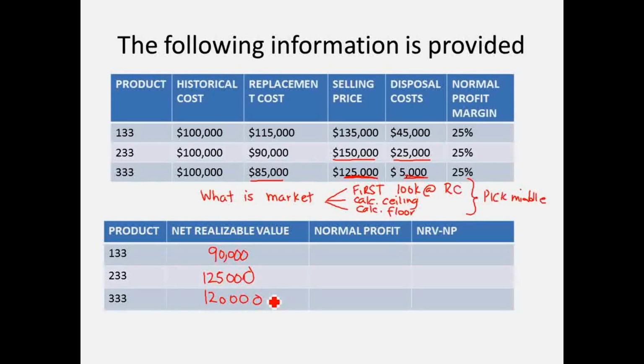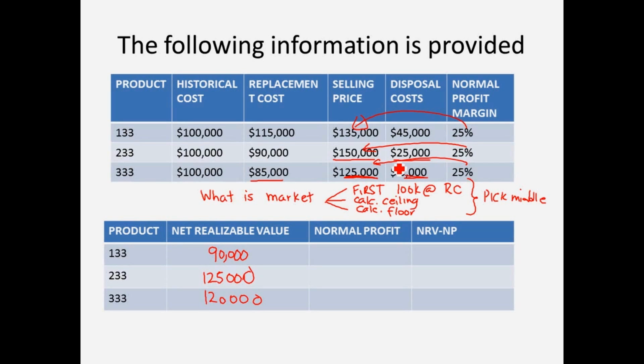Well, normally my profit margin is 25% of my selling price. When you think about profit margin, it's just price minus cost of goods sold, that's your profit, divided by sales, that's your profit margin. So if 25% is my profit margin, I just take 25% of 135, of 150, and of 125, and that would give me my normal profit, which is after cost, how much should I take home?